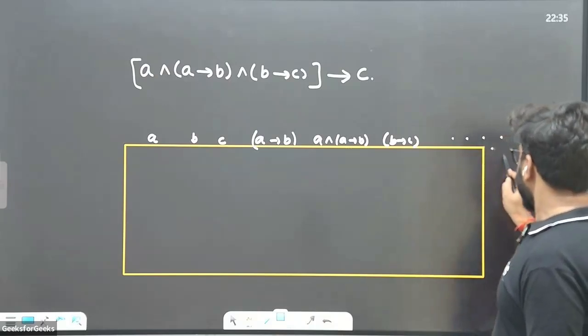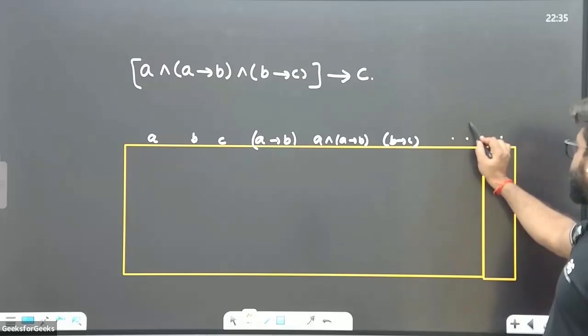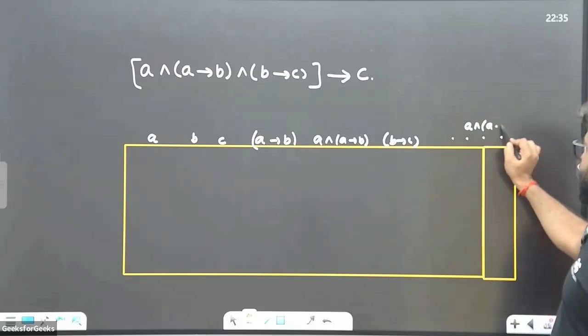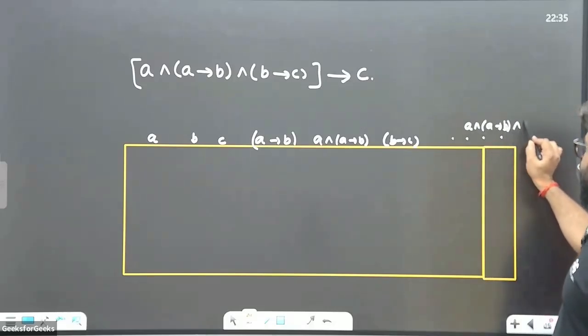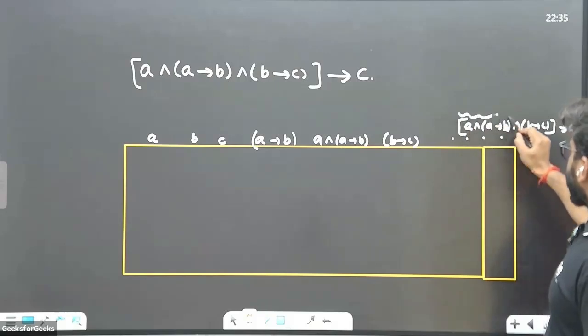At the end, what I have asked is A and (A implies B) and (B implies C), and then the whole expression implies C.